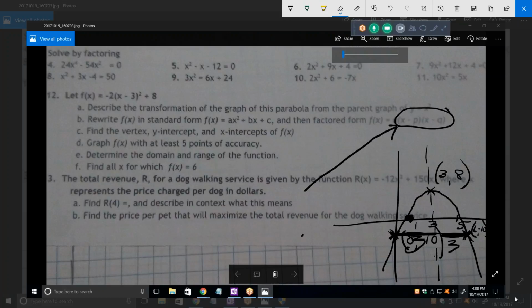All real numbers. And the way we can tell is by looking at the graph. Remember what domain is. Domain is the allowable values for x. Well, is there any value for x that I cannot plug in?